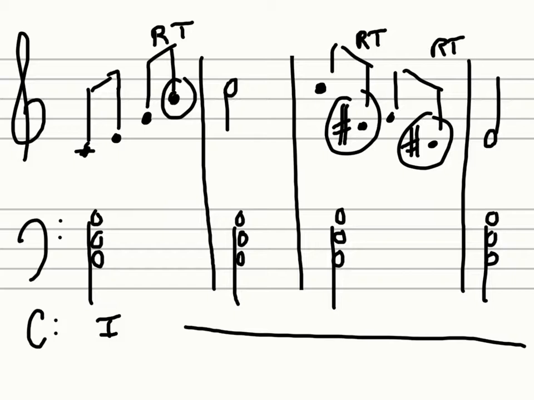So to summarize incomplete neighbors, we have the accented incomplete neighbors, the appoggiaturas, and we have the unaccented incomplete neighbors, the escape tones, and the reaching tones. Each one has a different formula for how we skip or leap into them, or how we step and resolve them.